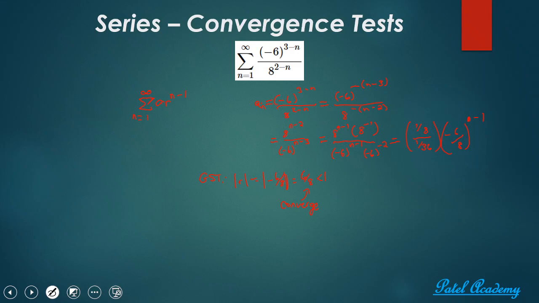And just as an exercise, what does it converge to? Well, it'll converge to a over 1 minus r. So 36 over 8 divided by 1 plus 6 over 8, whatever that turns out to be. I believe it'll actually be 36 over 14 or 18 over 7.